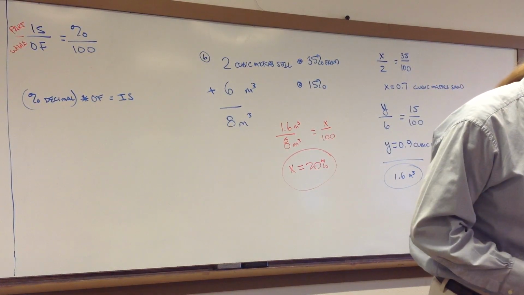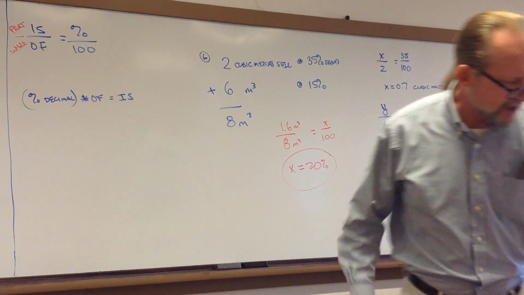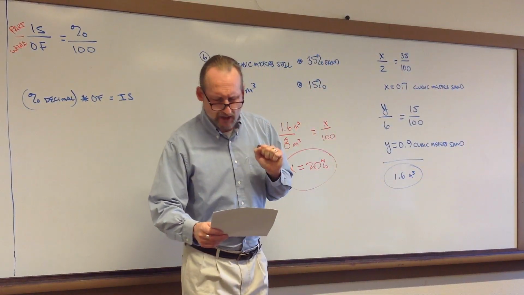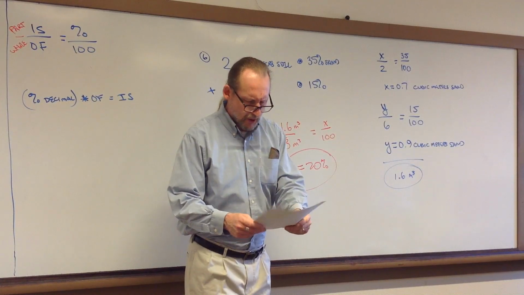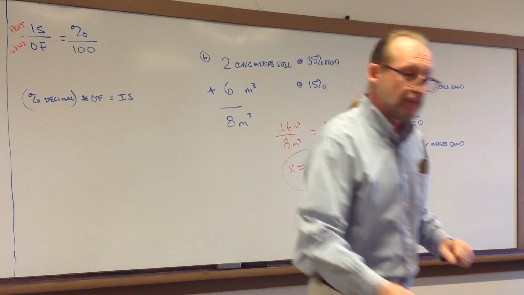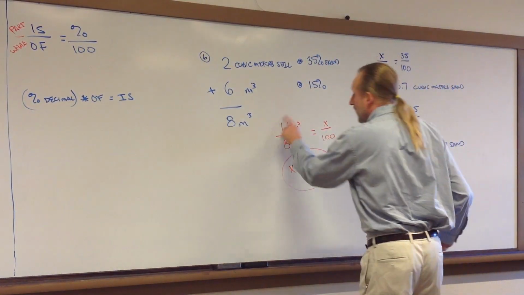Now, problem 6 goes on. It says, what if another 3 cubic meters of sand was added to the existing mixture of combined soil? What percent sand would the resulting 11 cubic meters of soil be? Well, we've got this scenario right here.